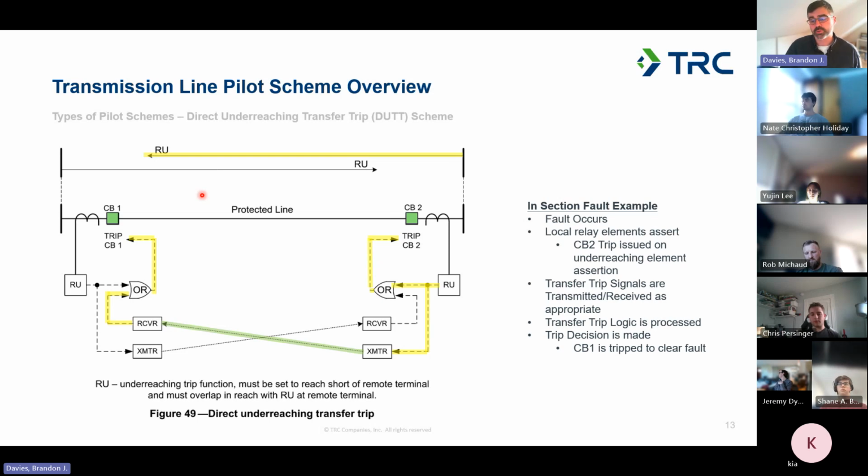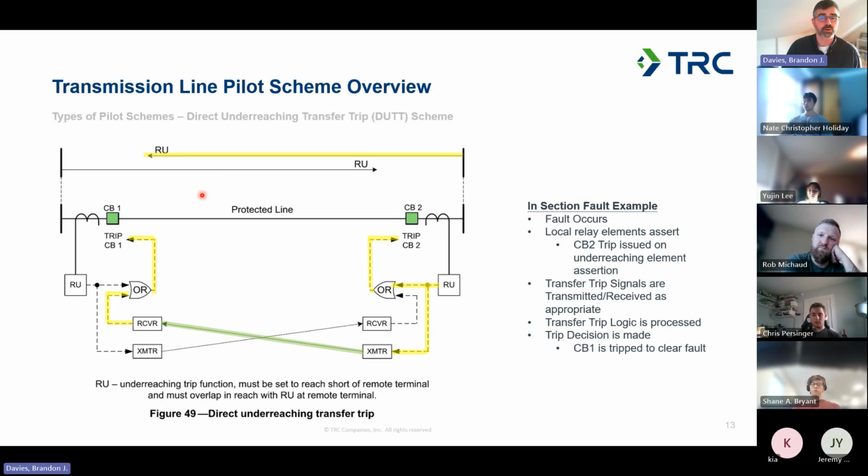So I showed briefly last class how we can see the characteristics of the elements and see the operation of the elements. You can take that a step further and actually model the elements and then model the logic within these schemes as well, so that you could run a fault and say, does my POTT scheme assert for this fault, or does my direct underreaching transfer trip scheme assert?